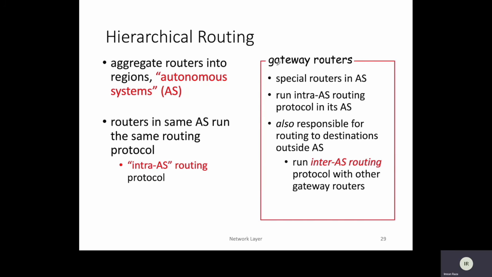Every autonomous system has a boundary router or gateway router. It's a special router. Its job is to propagate or aggregate the information inside the autonomous system and communicate the reachability to other autonomous systems, to all the routers inside an autonomous system.